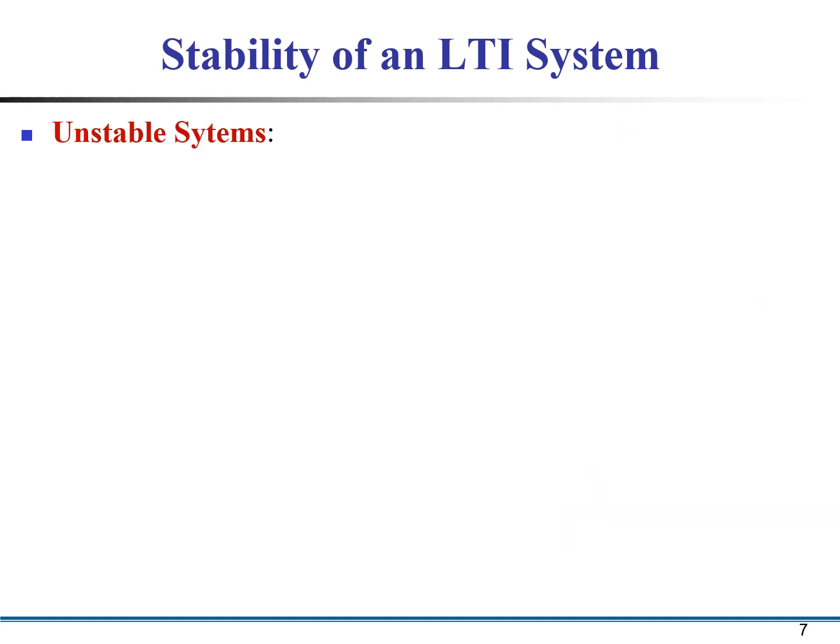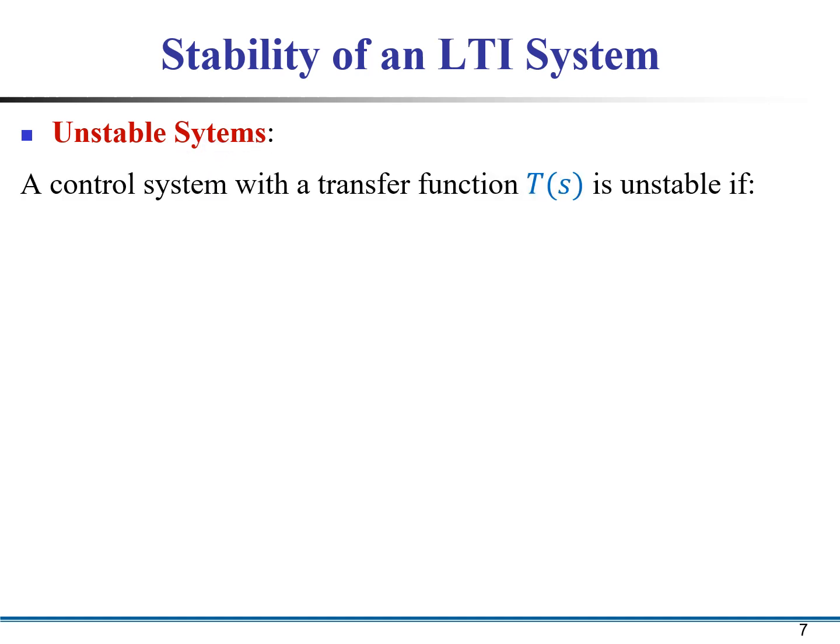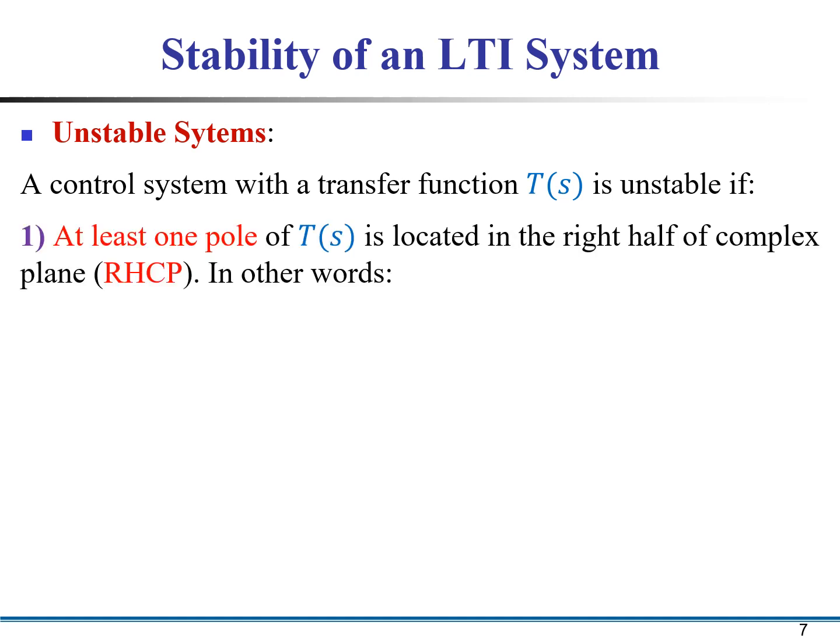So we continue with the stability of the system on this slide. We check when the system will be unstable. A control system transfer function T(s) is unstable if at least one pole of the transfer function T(s) is located in the right half of the complex plane.